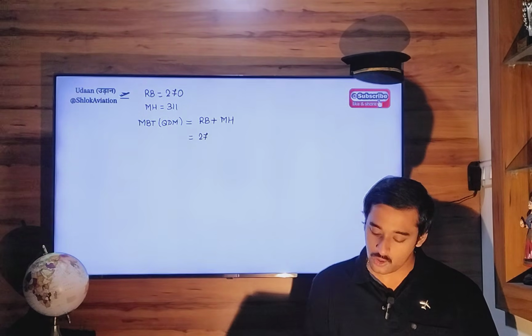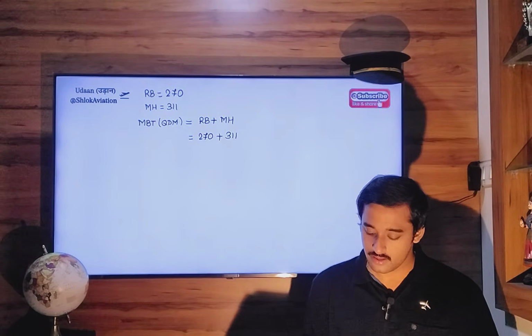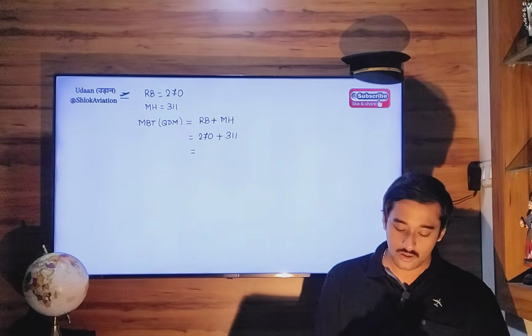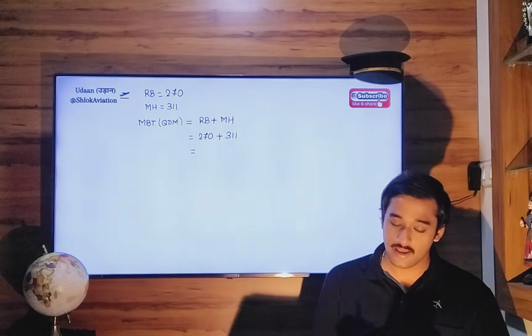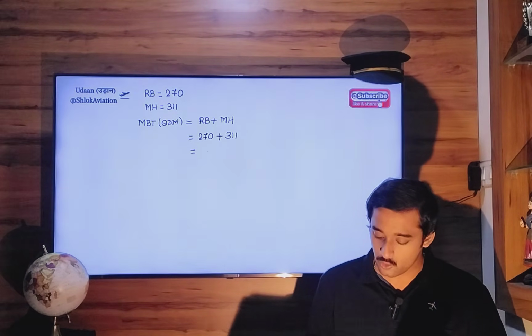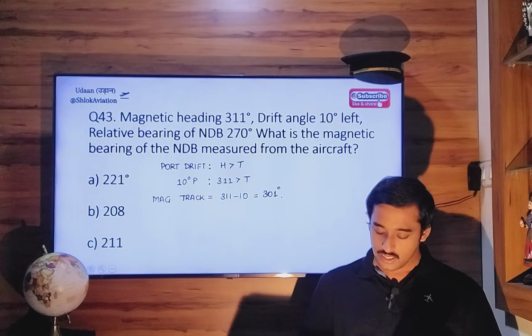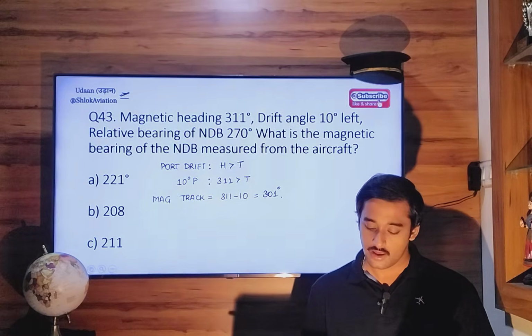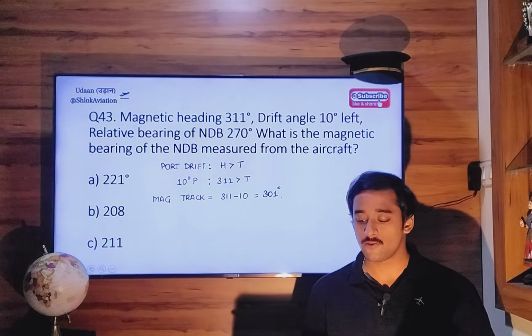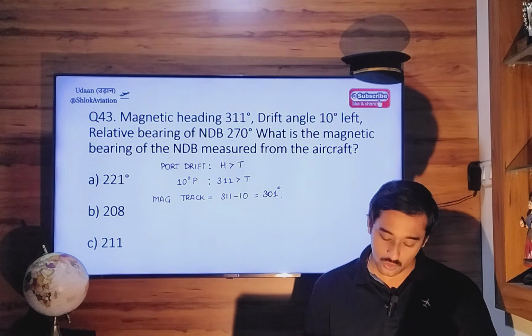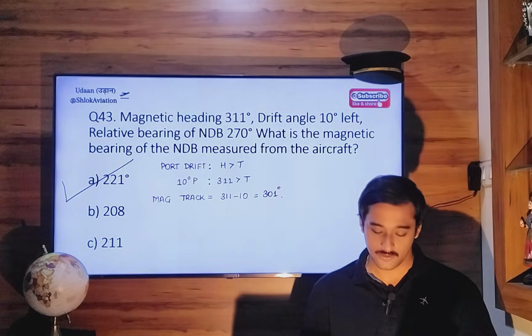So 270 plus 311 is 581 minus 360, 221. So QDM to the station, or track towards the station, is 221 degrees. We have been asked to find the magnetic bearing of the NDB measured from the aircraft. That means we have to find QDM. So QDM is 221. Option A is the correct option.